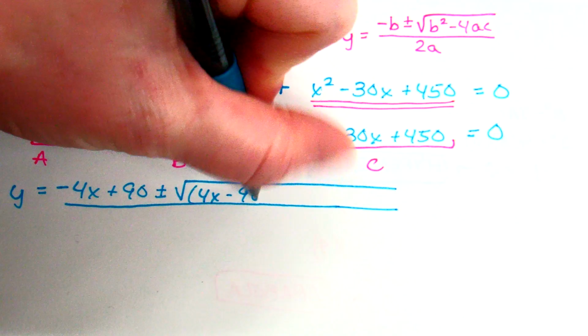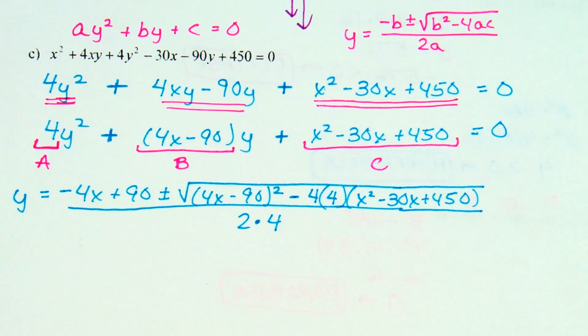On this next part, what do we know about 4 times 4? 16. So think of a minus 16 that I'm then going to distribute. Can we do that? So it's going to be minus 16 times x squared, so minus 16x squared, minus 16 times 30x is 480x, and then minus 16 times positive 450 is minus 7200.